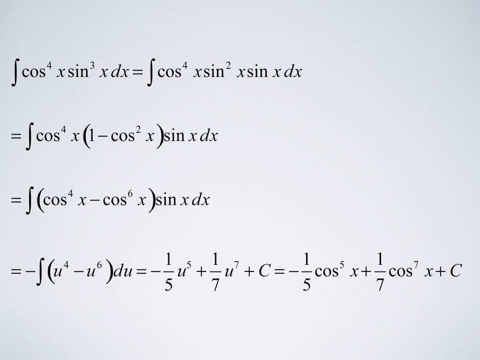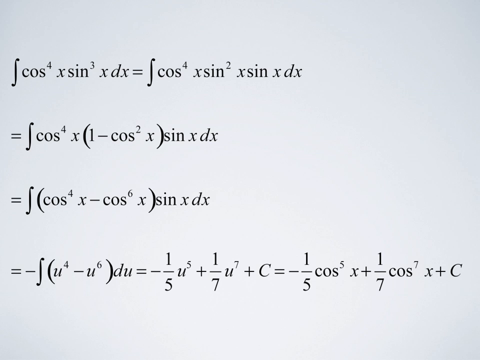And this is an obvious candidate for u substitution in the same way we did in the previous integral, because you've got cosine x in there raised to some powers, but we've got the derivative of cosine of x basically on the outside. Okay, so if we take u equal cosine x, then du is minus sine x dx.